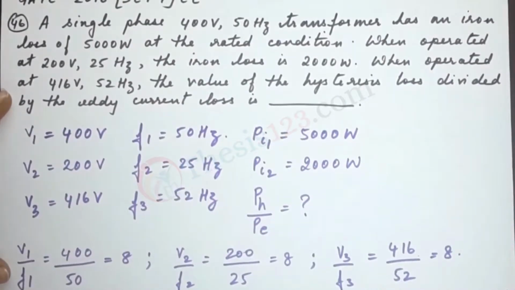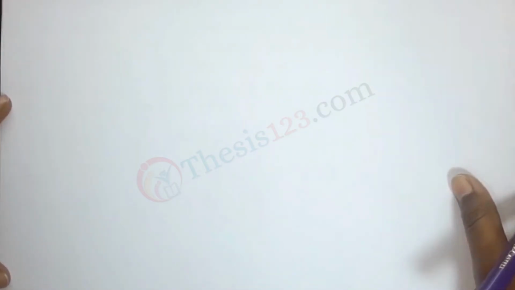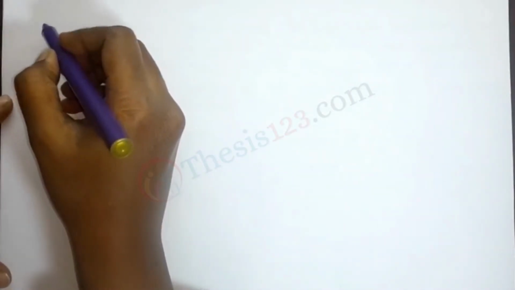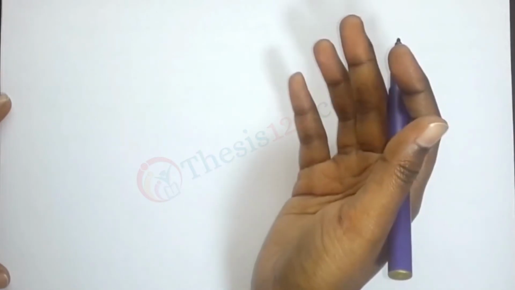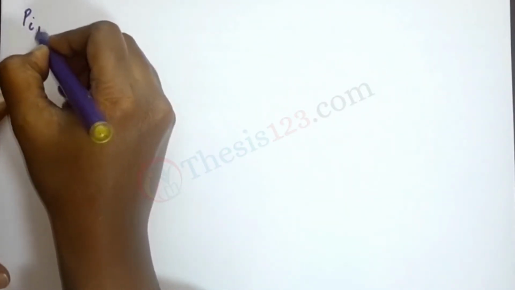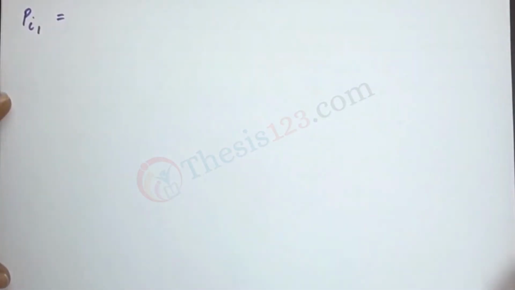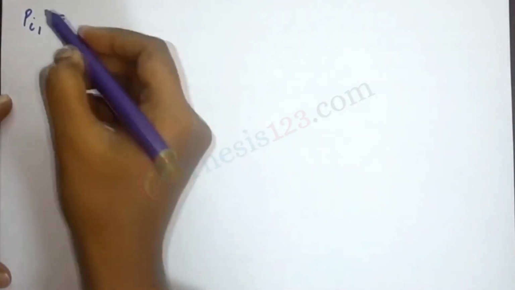Now let me just grab another sheet of paper and we'll continue here. Alright, so we have two different cases to calculate for. The first case, we have PI1 is given to us as 5000 and PI2 is given to us as 2000. So let's write two different equations for this.